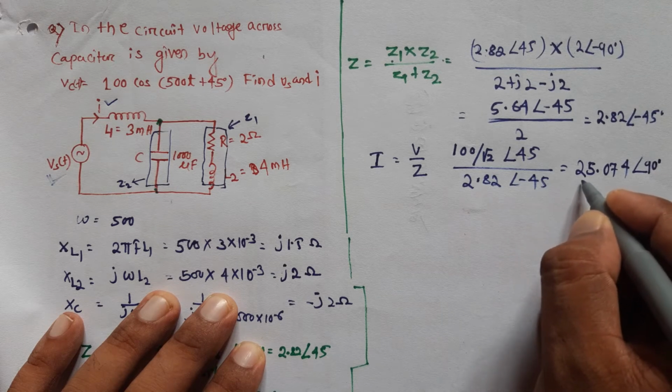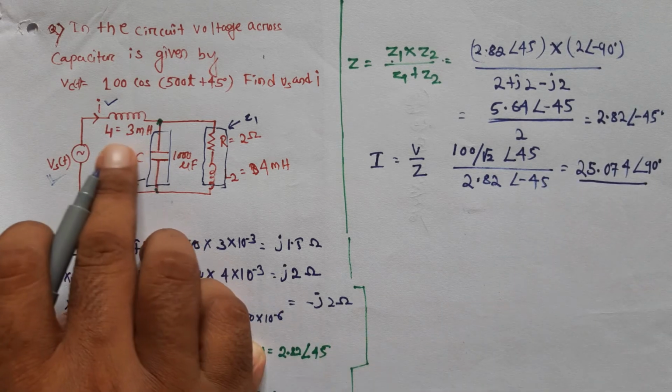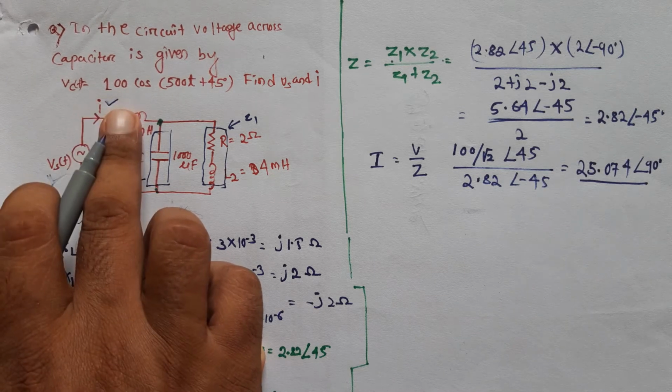This is the RMS value of the current, but we need to find the current in instantaneous form.